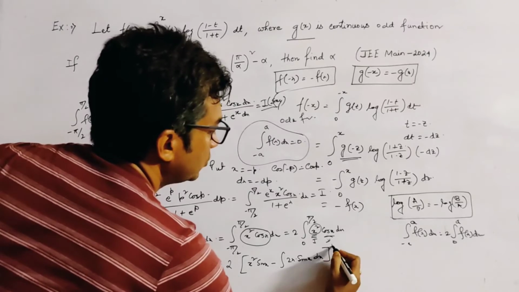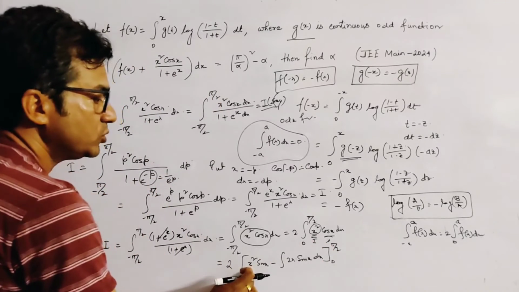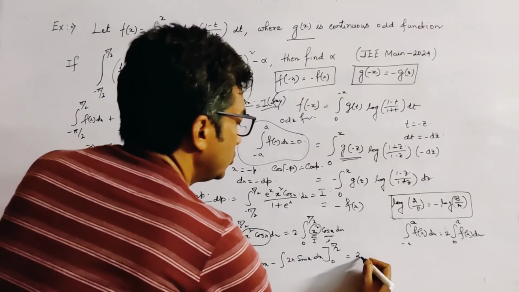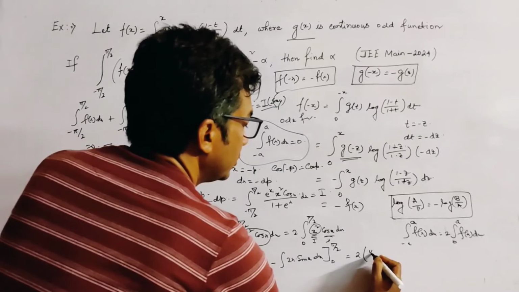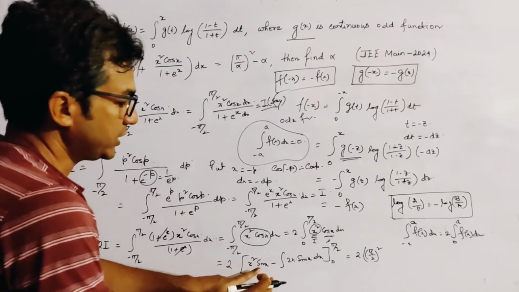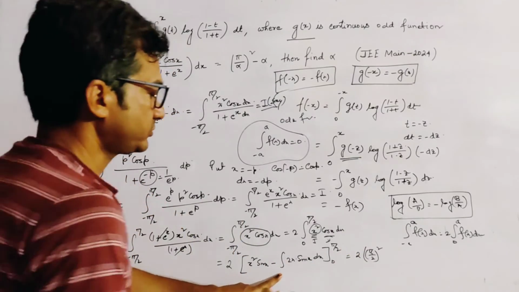The range is 0 to pi by 2. When we put pi by 2 and 0, from here we get 2 into (pi by 2) whole square into 1, and when we put 0, this becomes 0.